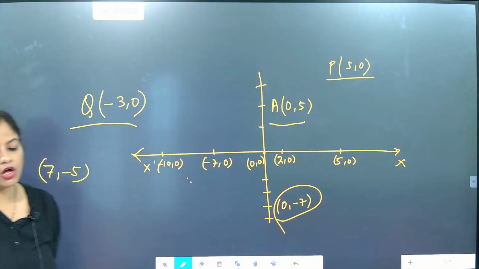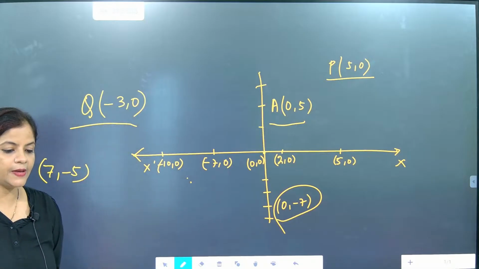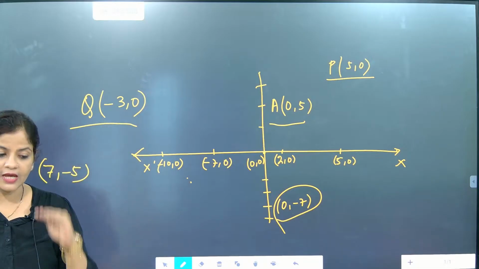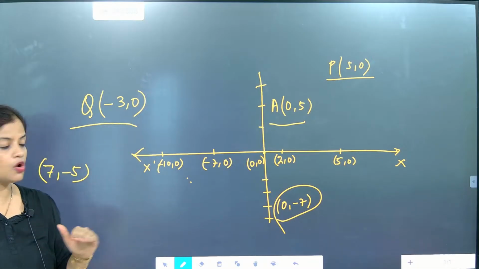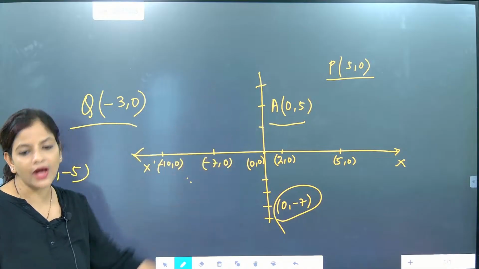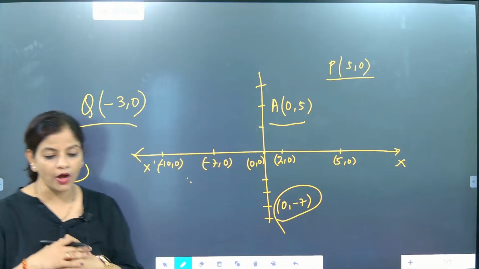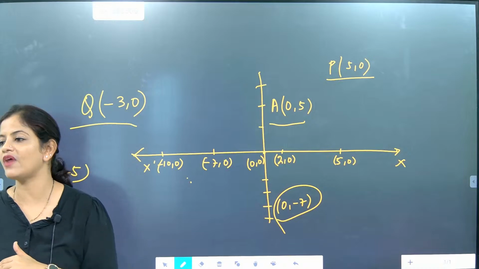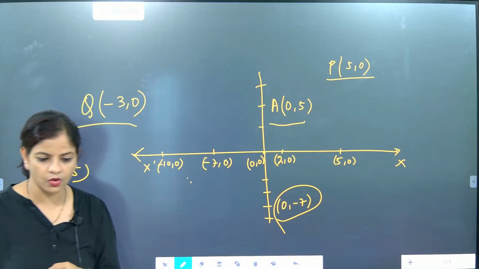See, the concept is very easy. If any point lies on x-axis, that point's y value will be 0. Understood?